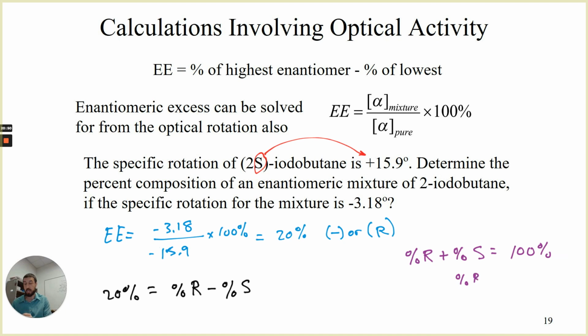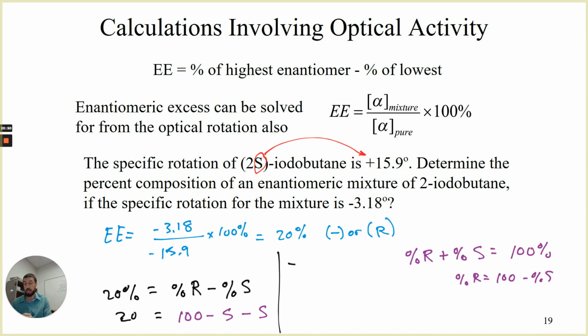So now what could I go through and do? I can say the percent of R is equal to 100 minus the percent of S, and I could now go through and do a substitution. The percent of R, we said, was 100 minus S, minus S. This was still 20. And now I could run my actual solve all the way out.